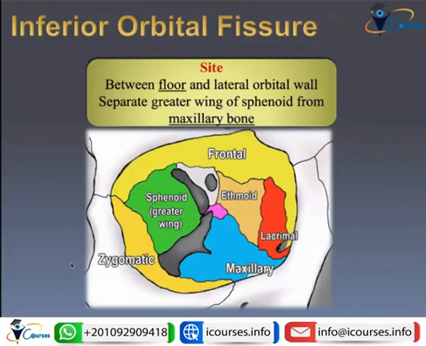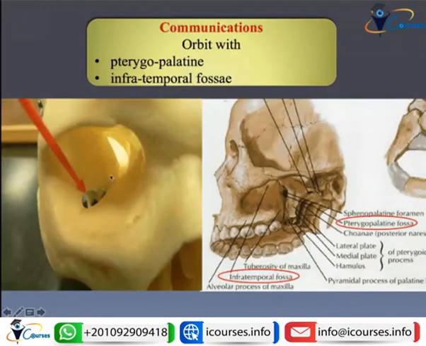Then we will come to the inferior orbital fissure. The inferior orbital fissure is located between the floor and the lateral wall. As we said, it will separate the floor made by the maxilla and the lateral wall made by the greater wing of sphenoid. The infraorbital fissure will communicate the orbit, but not to the middle cranial fossa as usual, but it is located inferiorly.